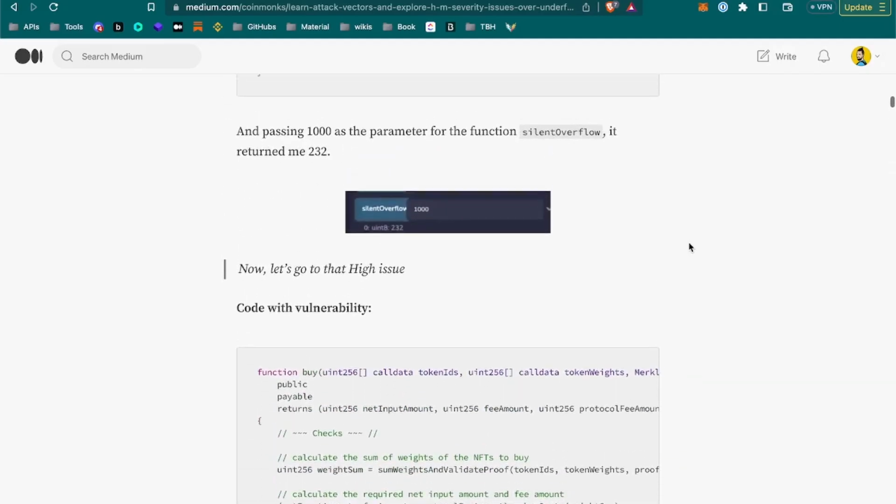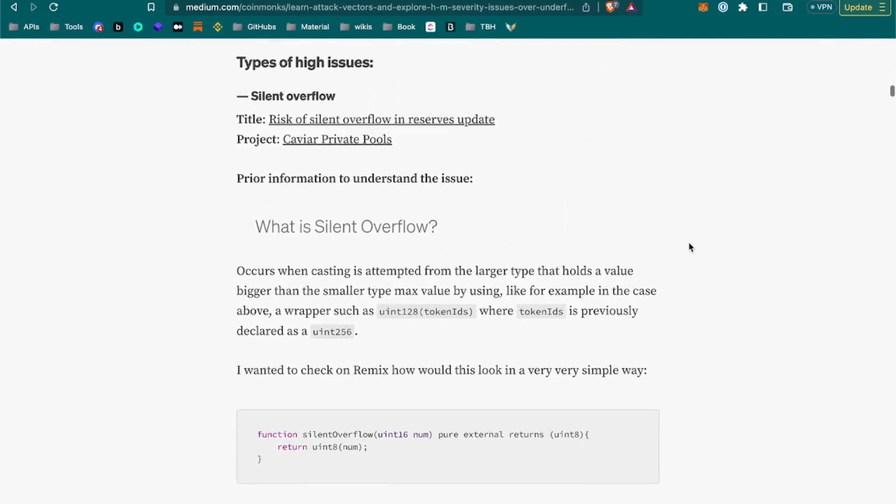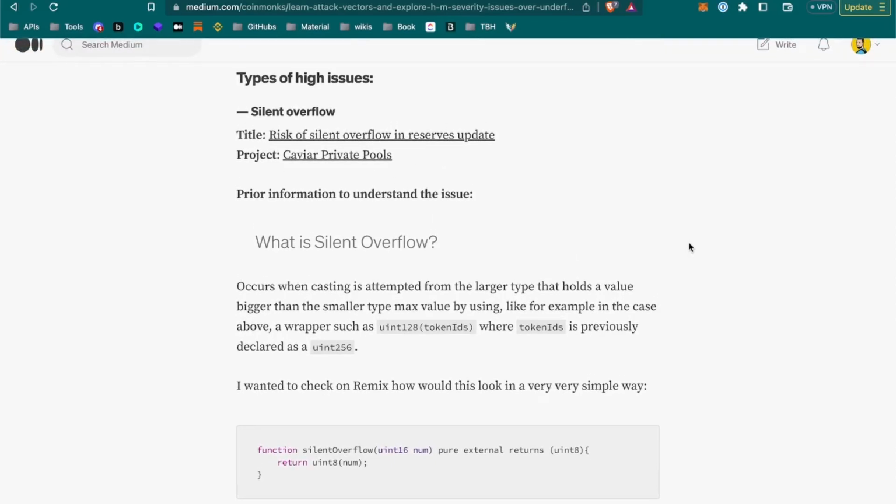Okay, going back to the first one, the silent overflow. Here it is, the first high issue. I took this from one of the reports while studying, and I think it's actually important to know about it. Before going to the issue itself, I gave a little introduction to make sure you know what a silent overflow is.